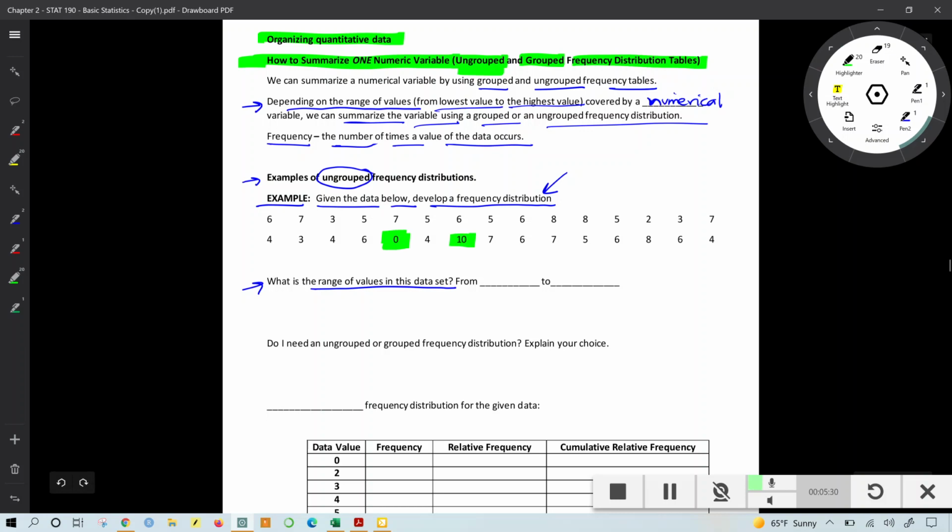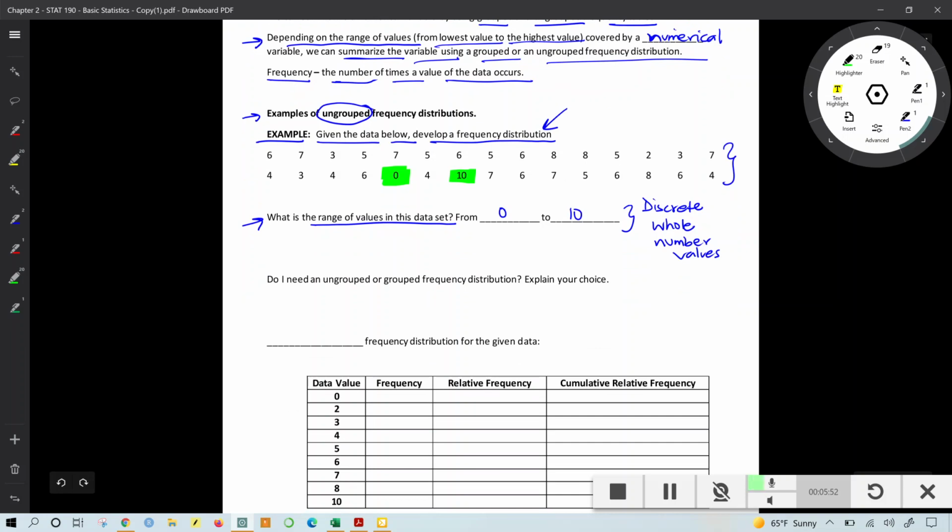They are all individual discrete or count values. That is, there are no decimals. So this ranges from 0 to 10, and they are all discrete whole number values. This means that I have a range that is not too large.